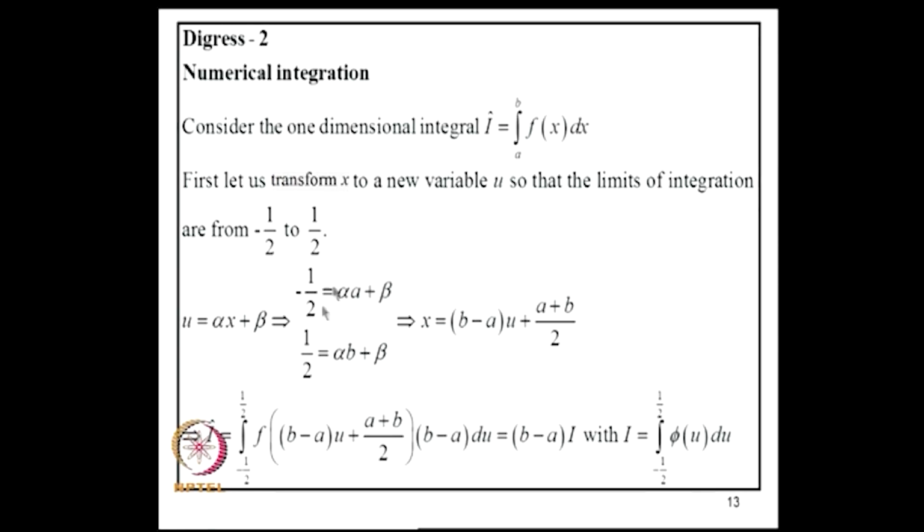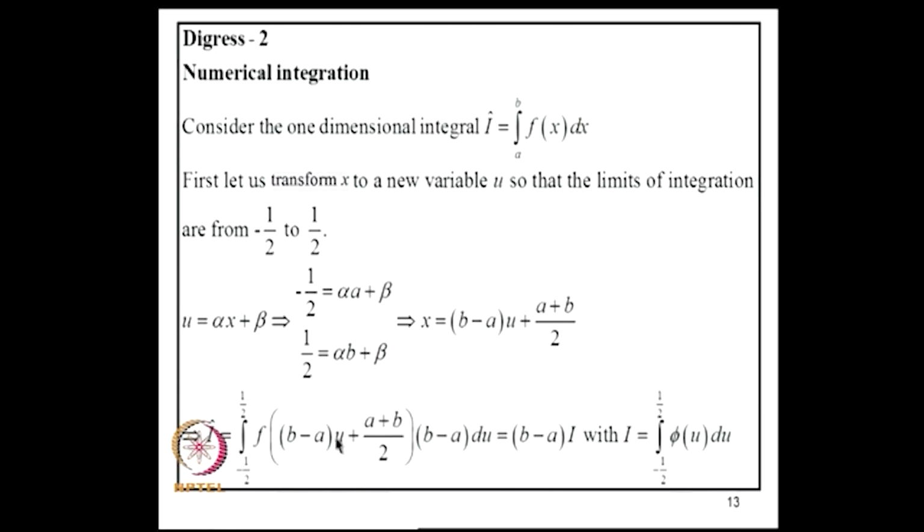So, that helps us to solve for α and β, and the transformation I am looking for is given by this. So, if you substitute that into this equation, I will get the integral from -1/2 to +1/2 of f of this u now, (b minus a) du. So, this is equal to (b minus a) into I, where I is this integral.